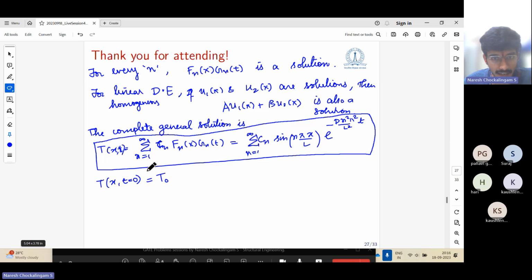This means that in place of t, you substitute 0. So you get T0 is equal to summation n going from 1 to infinity, some Cn sine n pi x by L. This term vanishes. Can anybody recognize what this is?